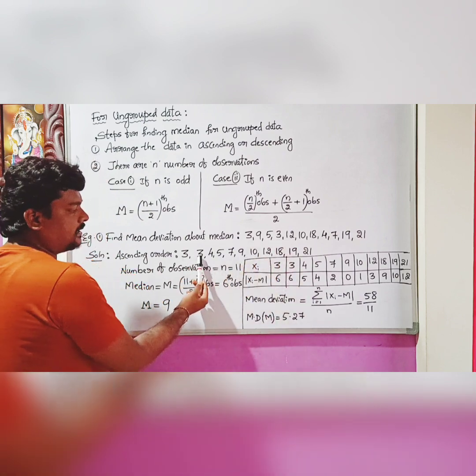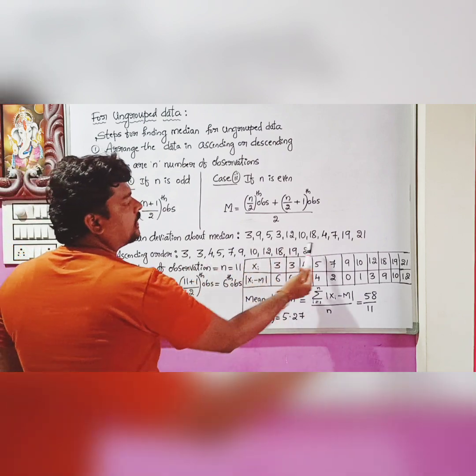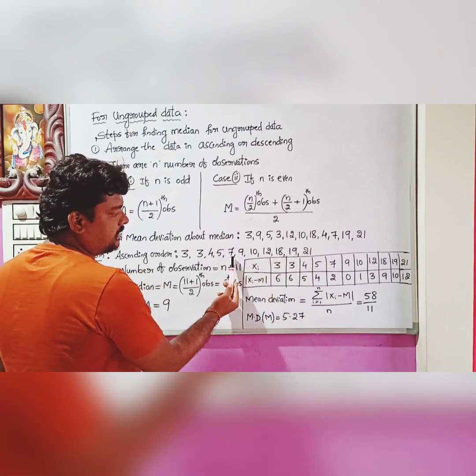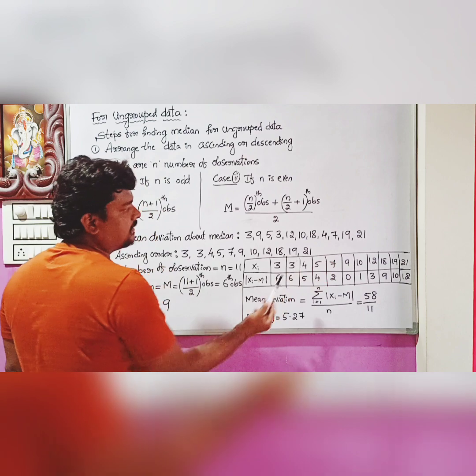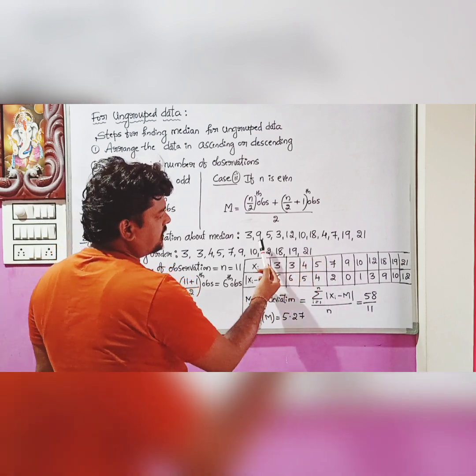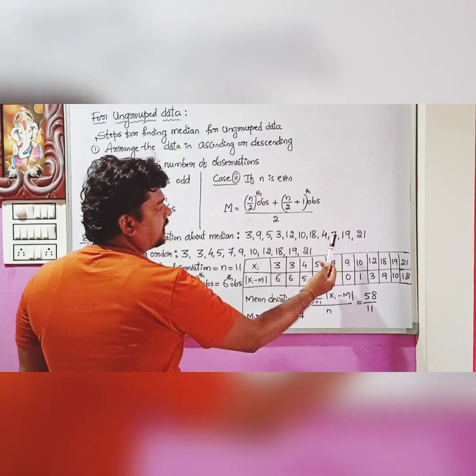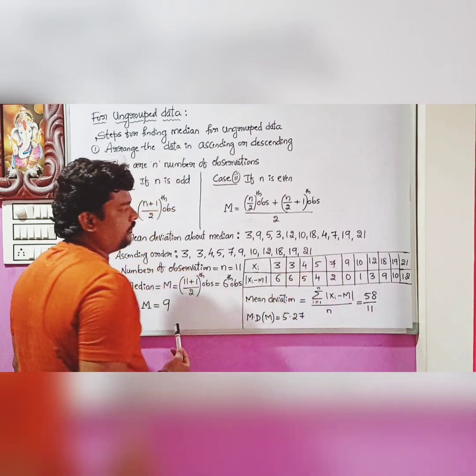Again one more 3 is there. After this 3 we got 4, then 5, then 6 is not there, then 7. After 7 the next observation is 9, then 10, then 12, next 18, 19, 21.